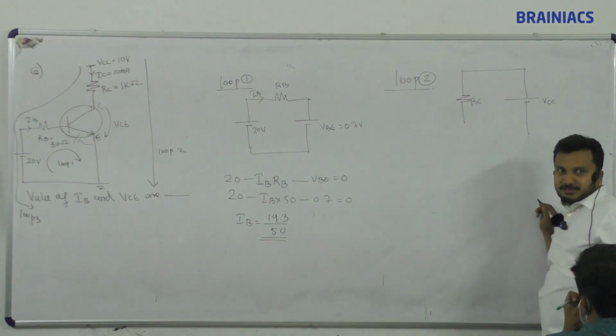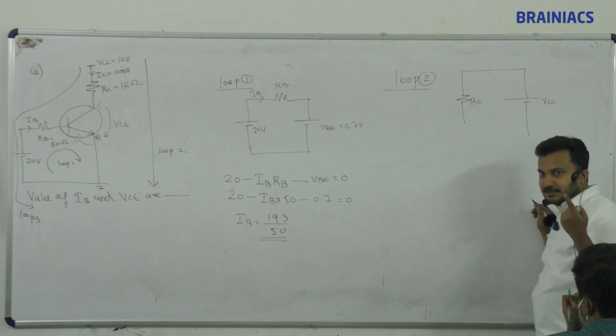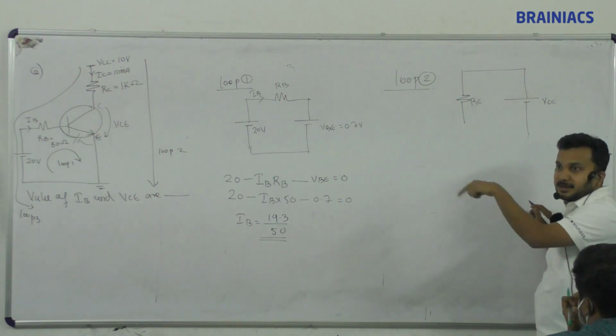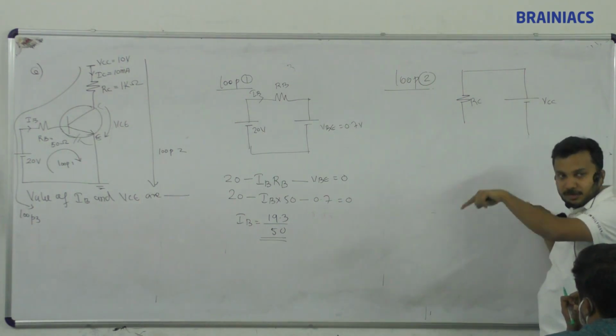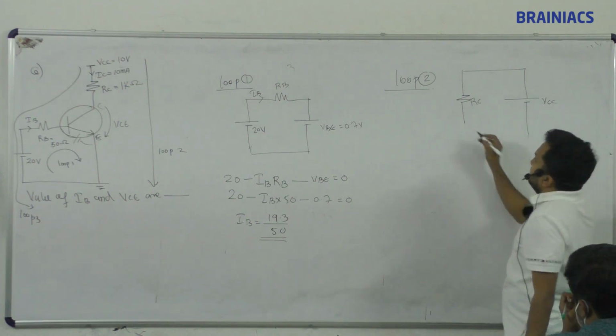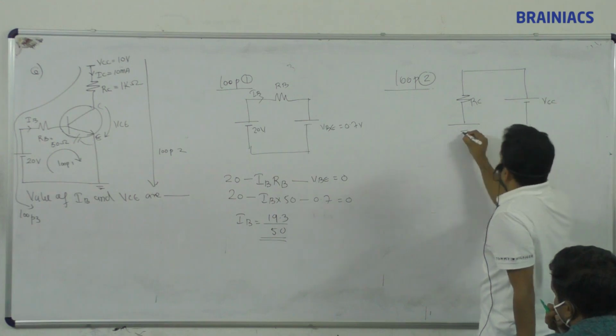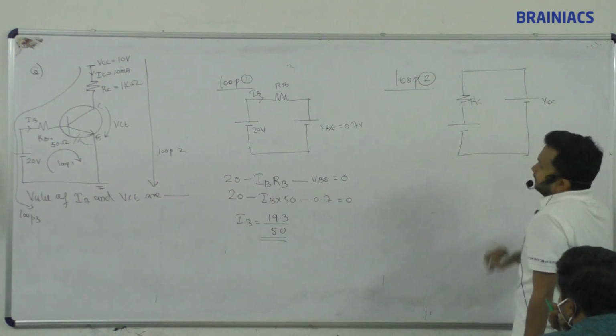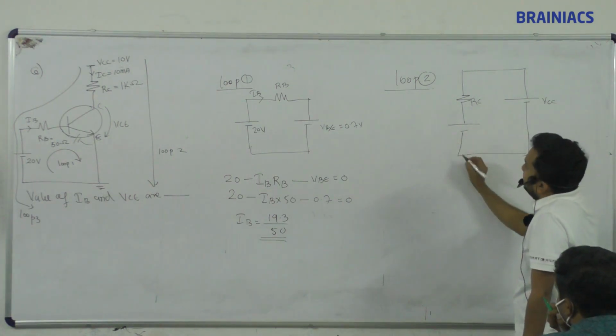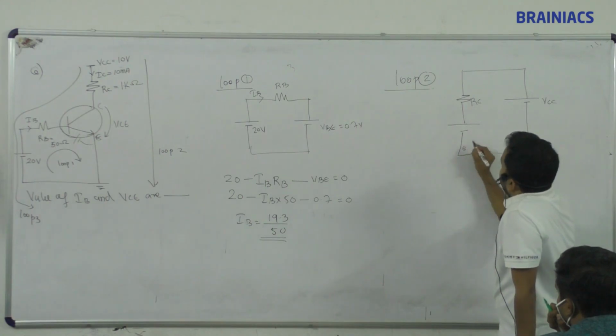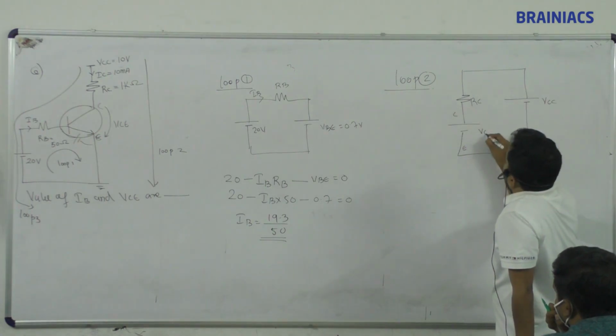Collector is reverse biased in the normal case. It is an NPN transistor, collector is N. What do we have to give? Positive. So it is positive, and this is negative. If the polarity changes, the answer will change. So it is connected like this. This is emitter, this is collector. So this voltage is called VCE.